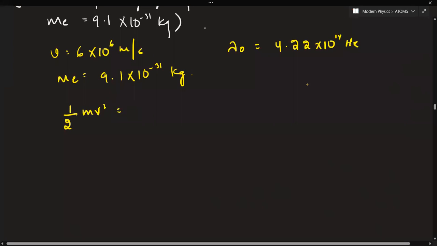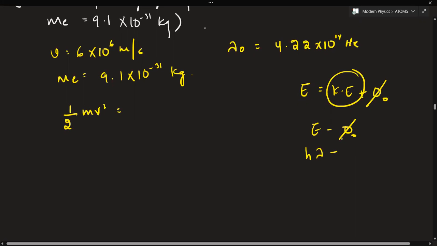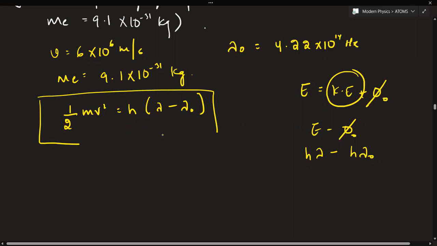The total energy equals kinetic energy plus the work function. So kinetic energy is energy minus the work function. Energy is h nu, and the work function is h nu naught. If you take h common, this will be h times nu minus nu naught. This is the formula that you had to consider.